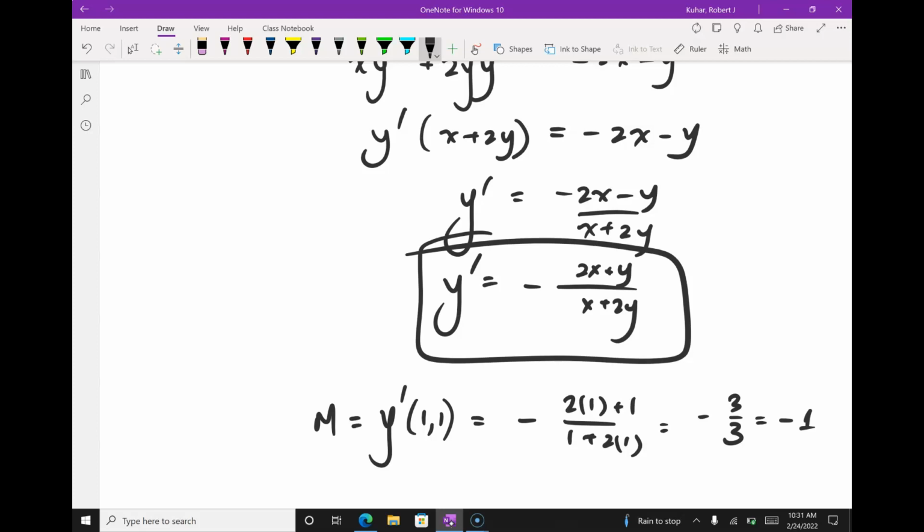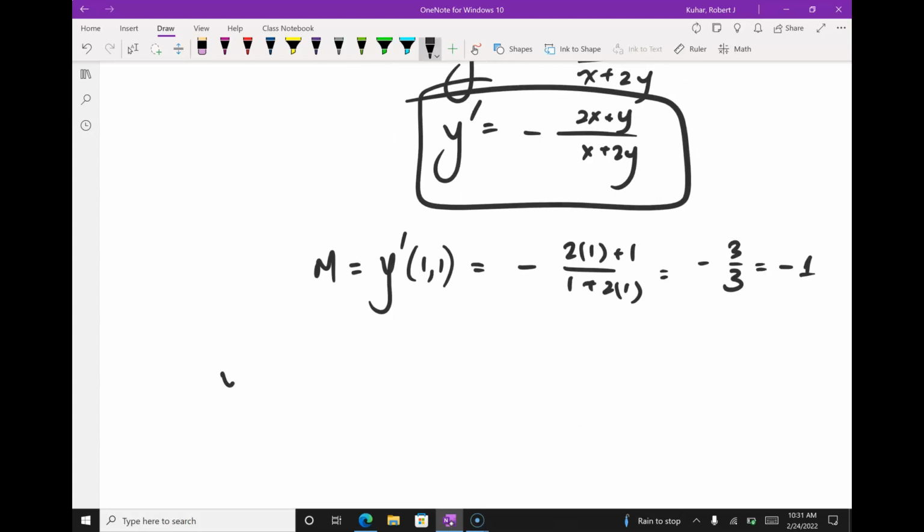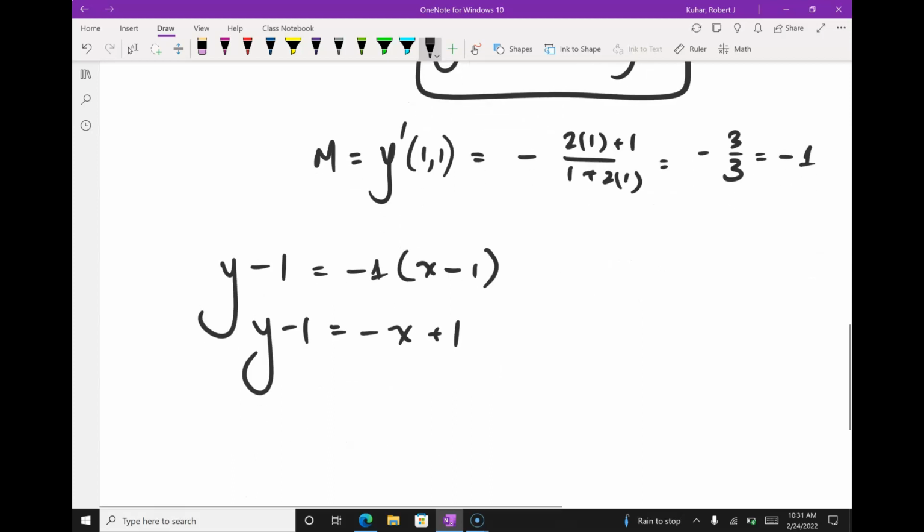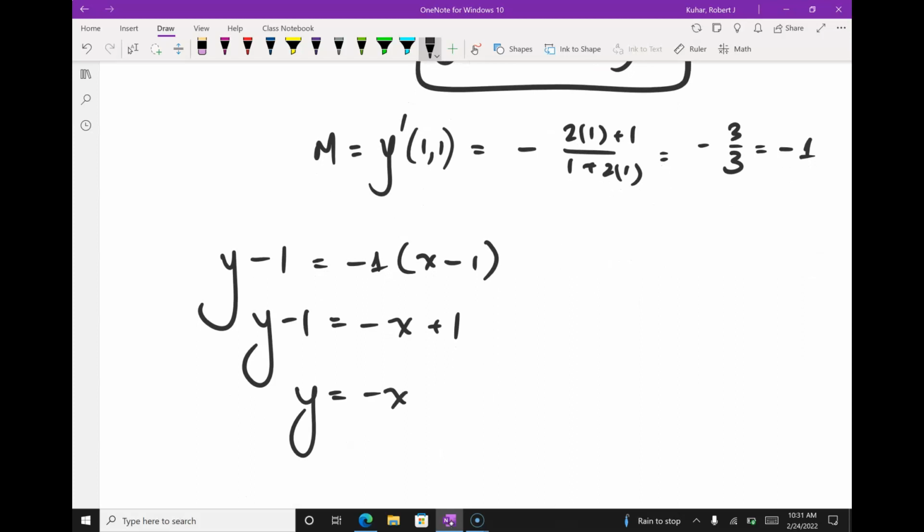Tangent line, yes. So y minus 1 equals negative 1 times x minus 1. Remember, my point was 1, 1. So y minus 1 is negative x plus 1. Y equals negative x plus 2. And that's what we graphed already.